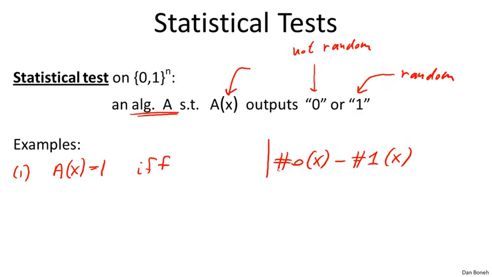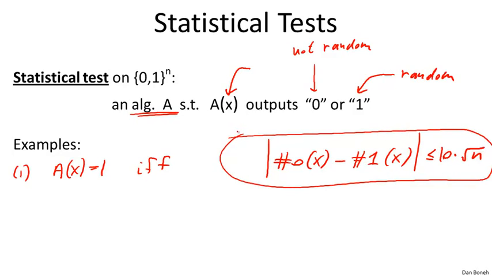In other words, the difference between the number of zeros and the number of ones is less than 10 times the square root of n. If the difference is less than 10 times square root of n, the statistical test will say the string x looks random. If the difference happens to be much bigger than that, it starts to look suspicious, and the statistical test will say the string you gave me does not look random. So this is our first example of a statistical test.